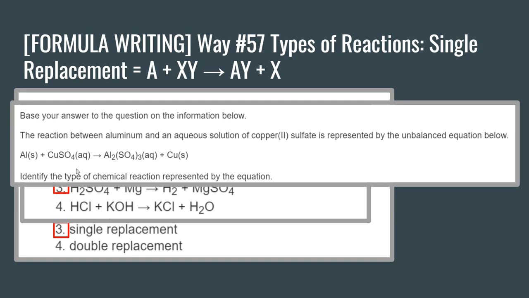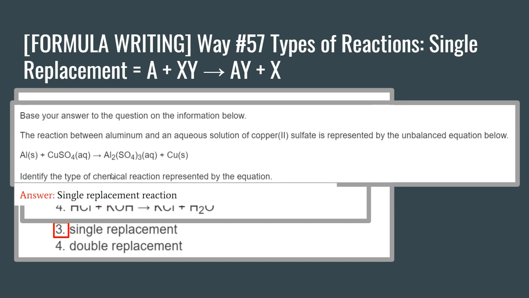Sometimes it's helpful to note what's happening within the reaction by simply circling what is getting replaced here. So note that copper is the item that came out because this is the before and this is the after. Copper is now isolated from this compound. And what takes the place of copper? Well, aluminum. So this is an example of a single replacement reaction. And you can just simply state that as the answer for full credit.